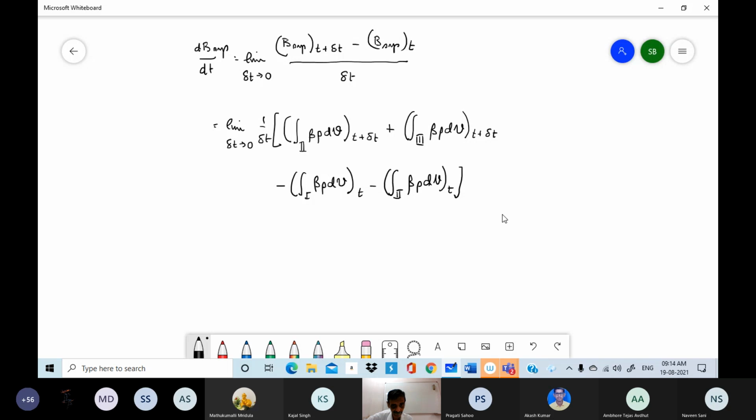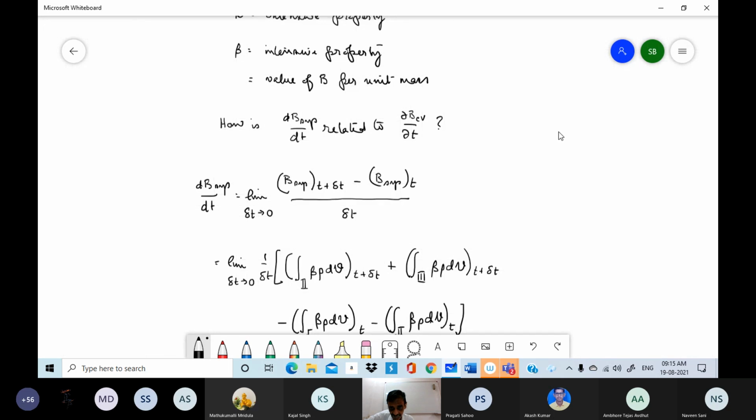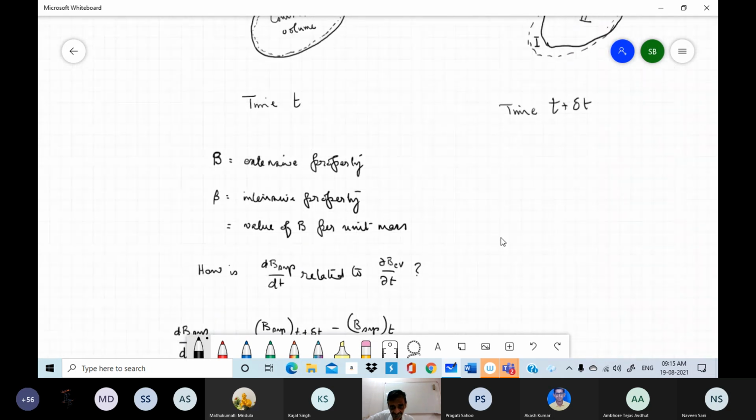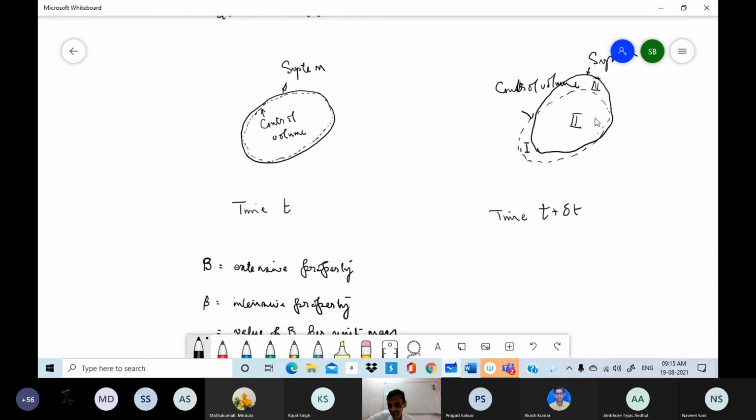Now this I must relate to the control volume. Now the control volume, if you see, regardless of time, it is regions 1 and 2.